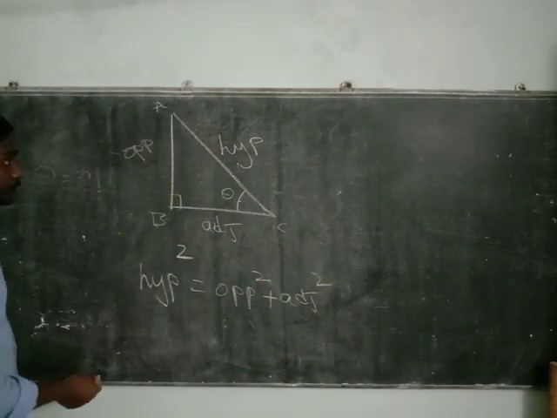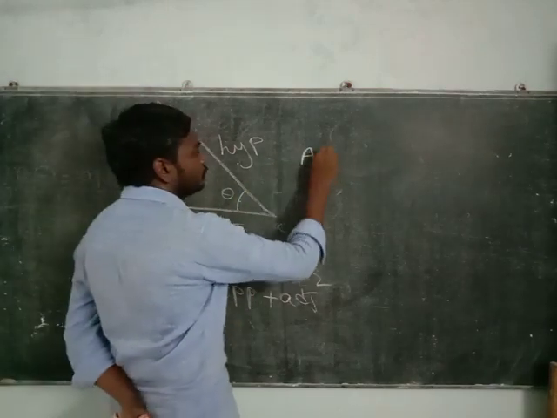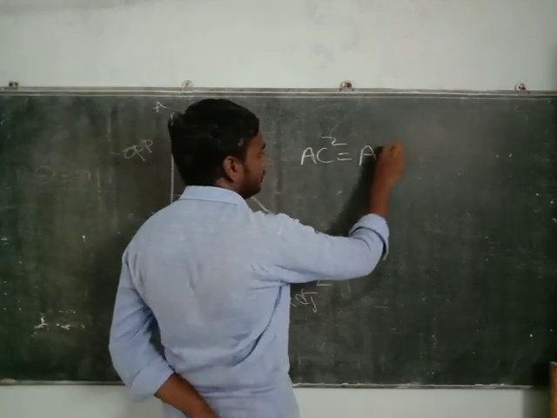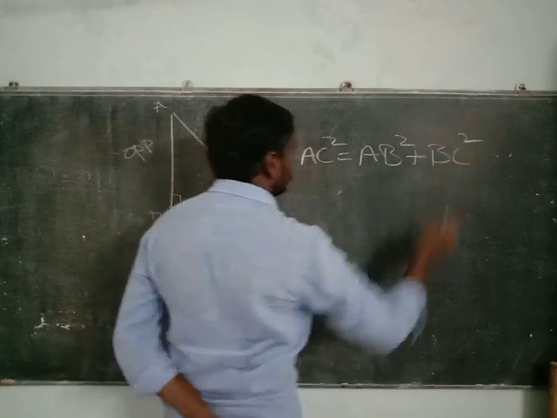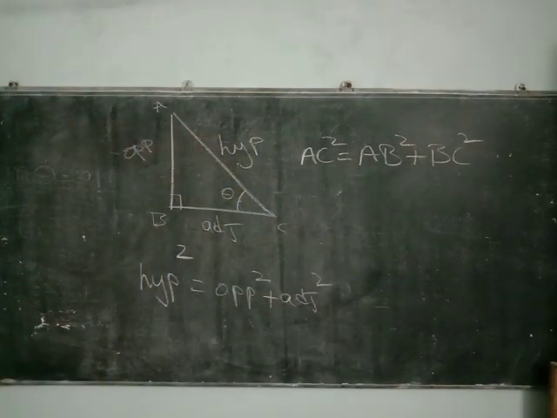That is nothing but AC square is equal to AB square plus BC square. So these are the most important formulas that we are going to use while we solve heights and distances or applications of trigonometry.